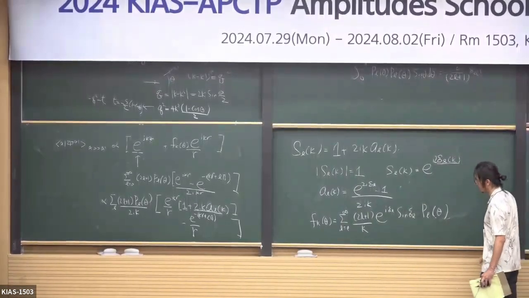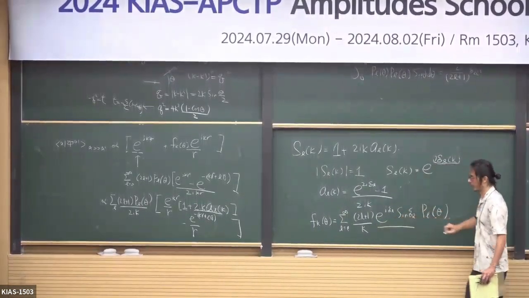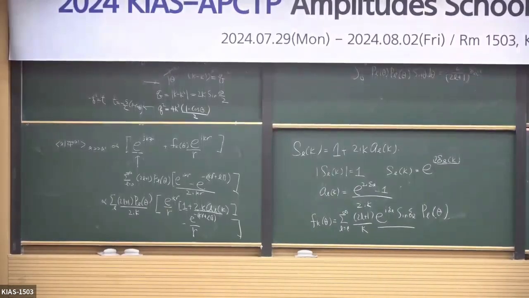So any unitary scattering amplitude will have to have this kind of expansion where δ_L is real.